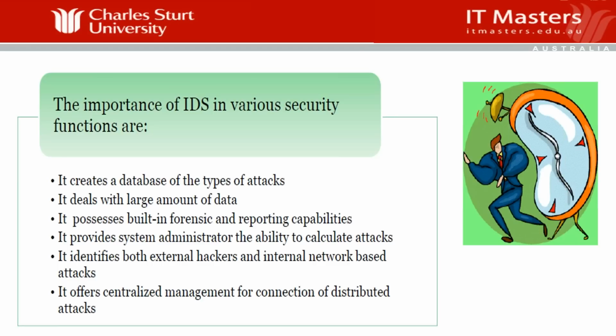Also, it is recommended that your IDS should offer centralized management for correlation of distributed attacks. More and more distributed attacks are coming through. We know Anonymous is doing that. So how can you deal with all kinds of attacks? Many years ago, if you had an attack, let's say from China, you could just block the whole IP range. Is this that useful today? Of course not.